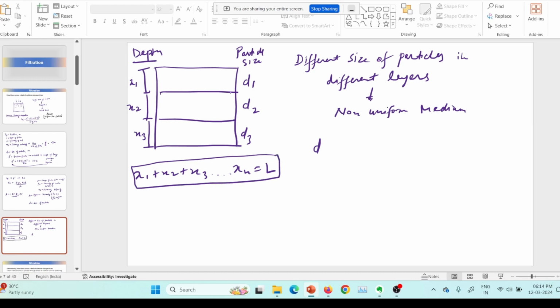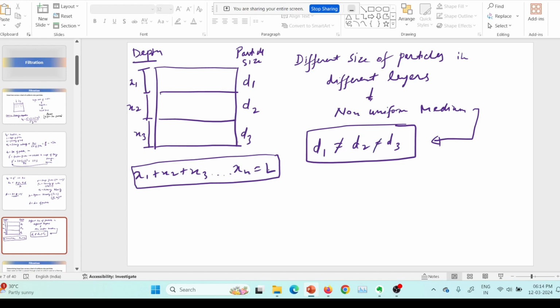So the particle sizes are not equal, it is a non-uniform medium.